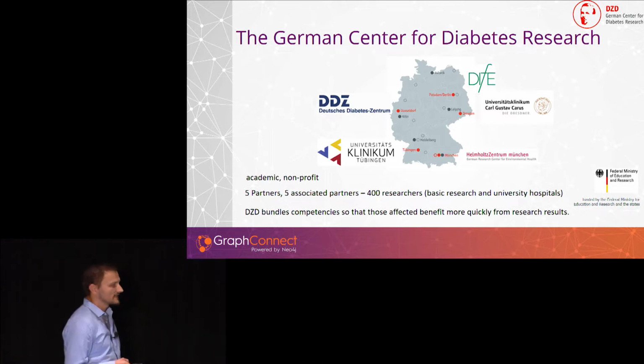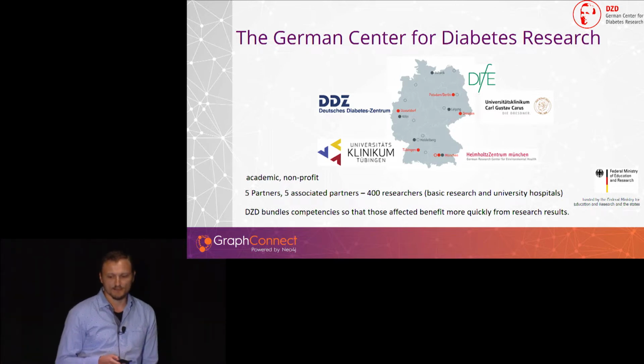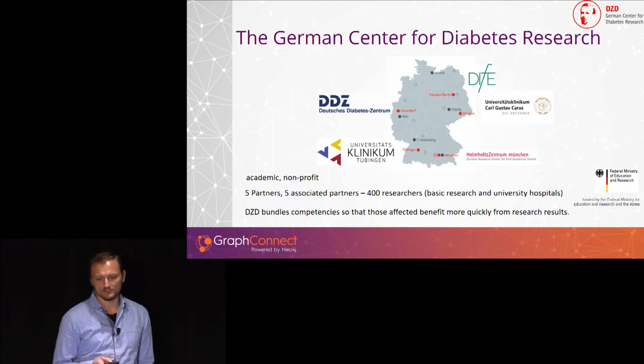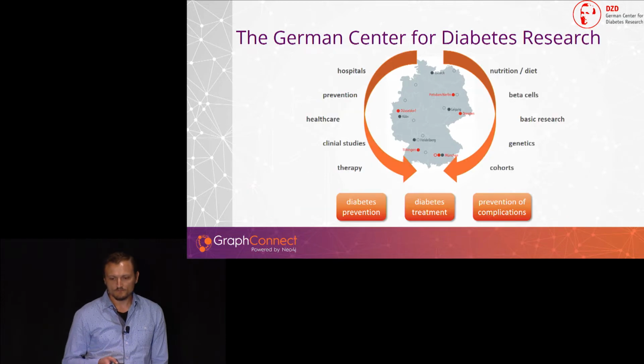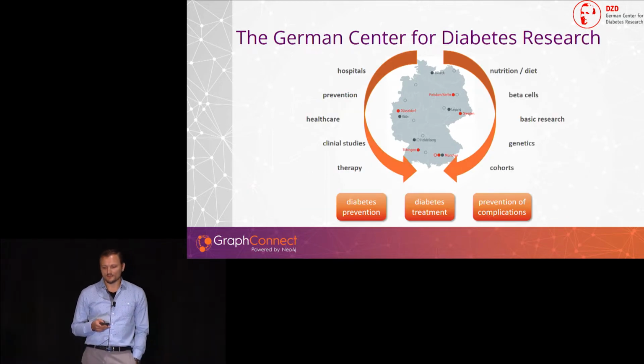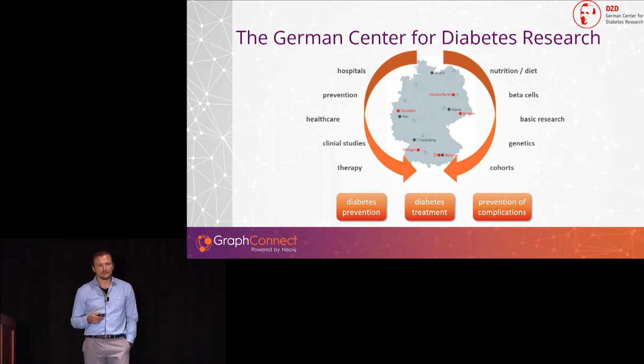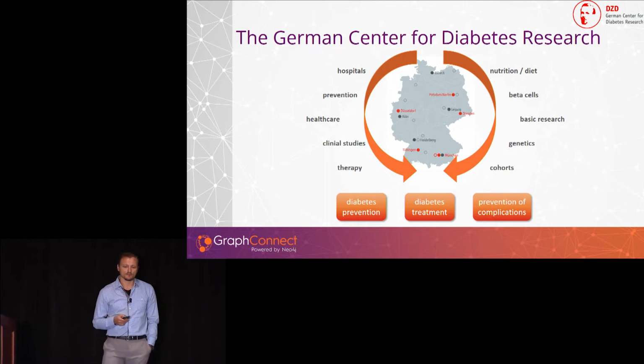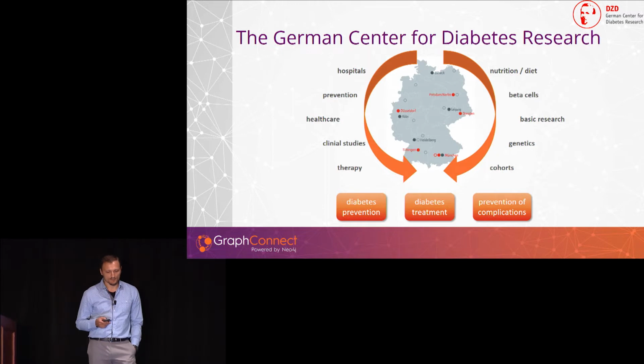We got some associated partners, and overall we got roughly 400 researchers from different disciplines, from basic research and from university hospitals. Our research areas are nutrition, we got patients in the clinics, we do prevention, we do genetics and cohort studies in basic research.